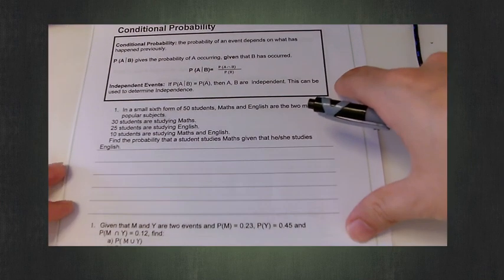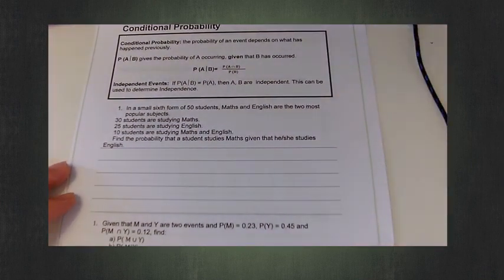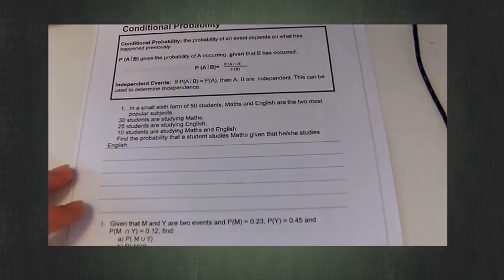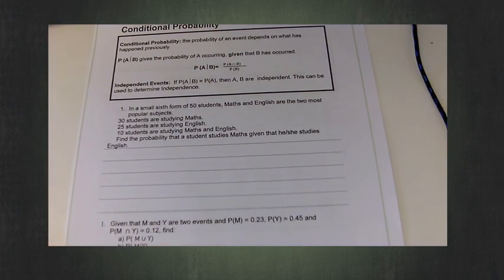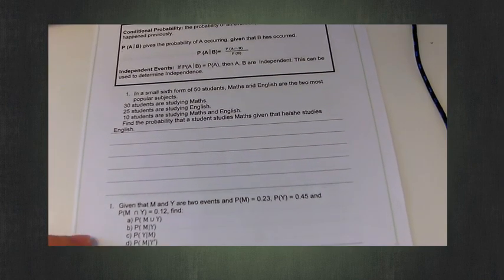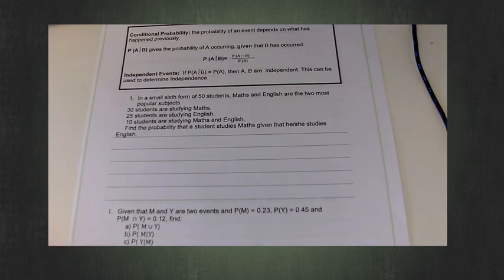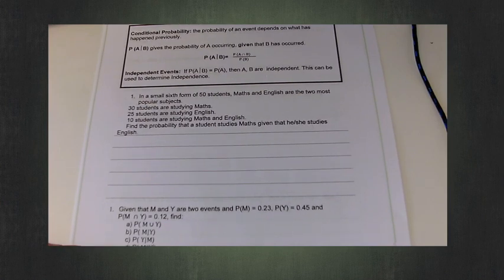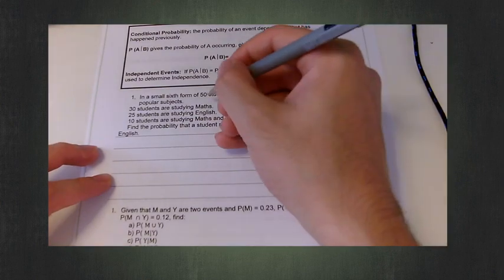So that's the basics. Right, let's just do these two questions on the worksheet, and then we'll see what we get up to. So we've got a small sixth form of 50 students. Maths and English are the two most popular subjects. I'm going to underline a few things.